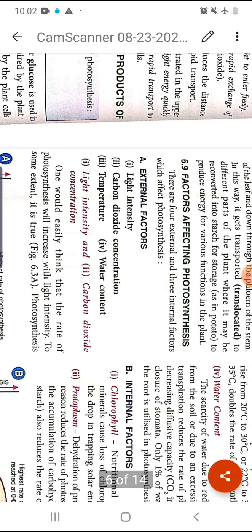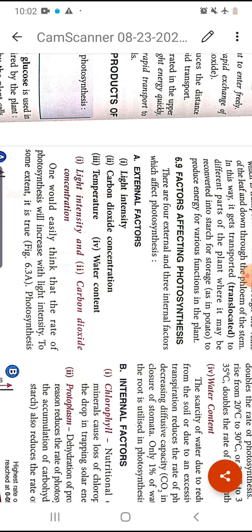Now there are some factors which affect photosynthesis. Some external and internal factors are there. So in external factors, light intensity and carbon dioxide. If light intensity increases, then the rate of photosynthesis will increase, but only to a certain level. After that the rate of photosynthesis will not increase again.